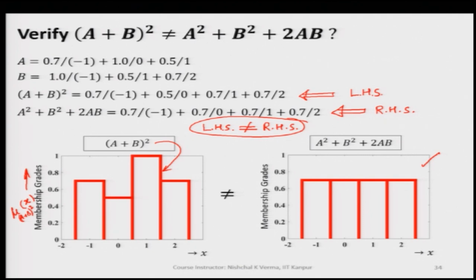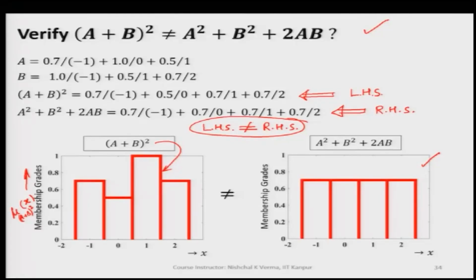So, by plotting these, we can very clearly visualize, and this way we can say that although (A plus B) whole square is equal to A square plus B square plus 2AB for crisp numbers, when we take fuzzy numbers, (A plus B) whole square is not equal to A square plus B square plus 2AB.